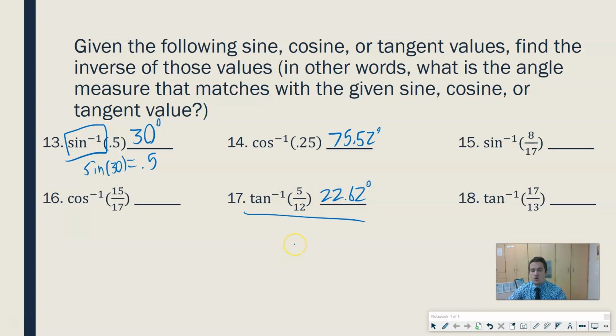So if I had a 22-ish degree triangle, the ratio of the opposite and adjacent sides would be 5/12. So lots of really cool tools associated with these sine, cosine, and tangent values. Lots of really cool things we can do in our calculators. Lots of really cool relationships that exist.